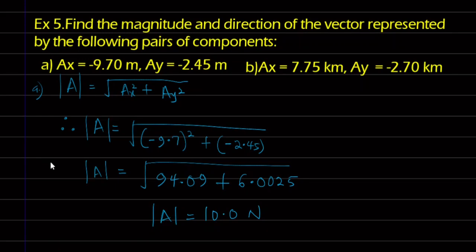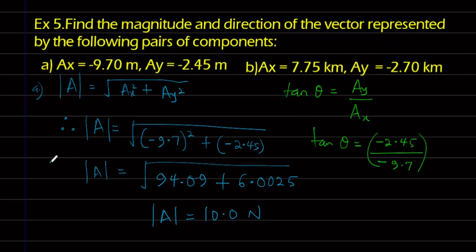And we can find the direction by saying tan theta is equal to opposite over adjacent. So we have tan theta is equal to AY, which is minus 2.45, over AX, which is minus 9.7.